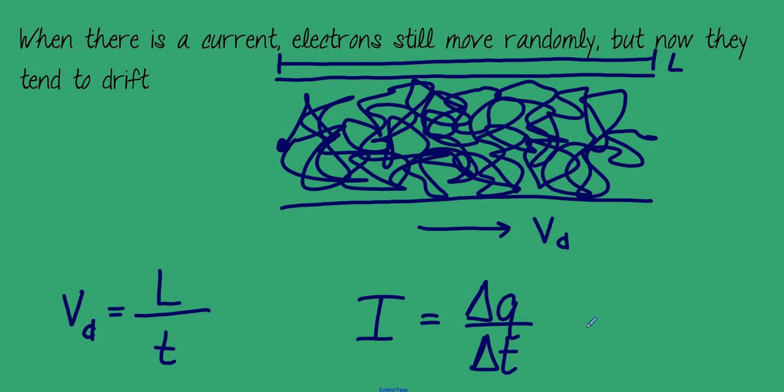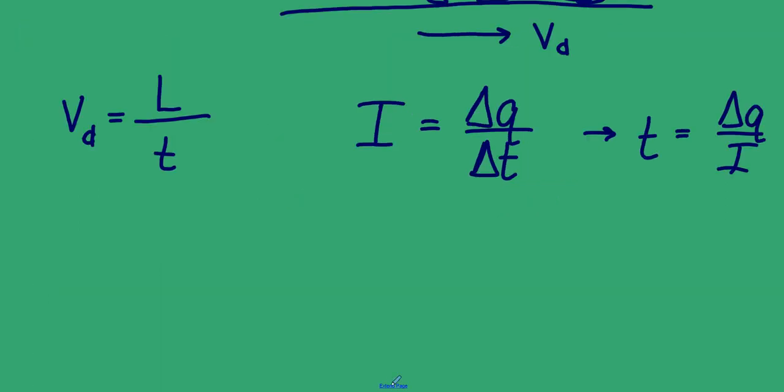So if I solve this equation for time, I get that time is the amount of charge divided by the current. Put that into my equation for this drift speed. So I'd find that my drift speed is equal to the length of my section of conductor times the current divided by the amount of charge that travels.